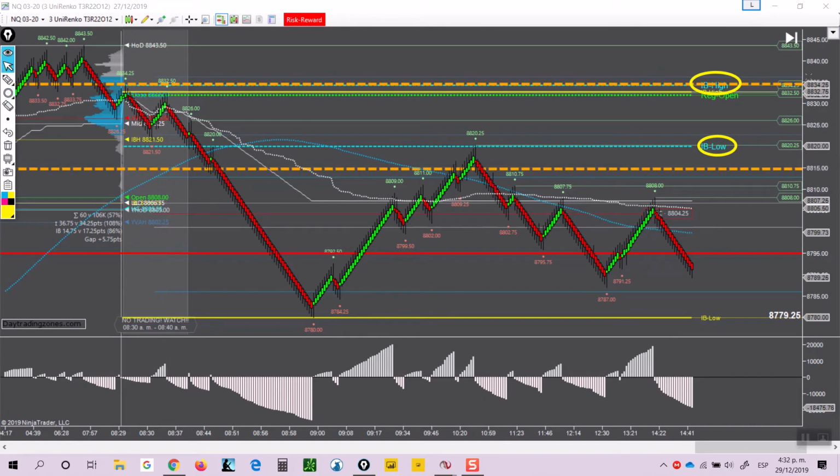After your first 10 minutes, which is that square right there between 8:30 and 8:40 Central, you have your swing high and your swing low.